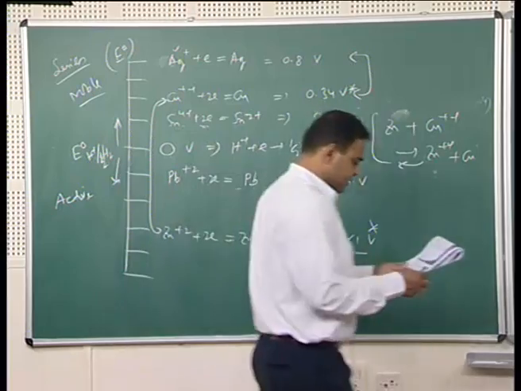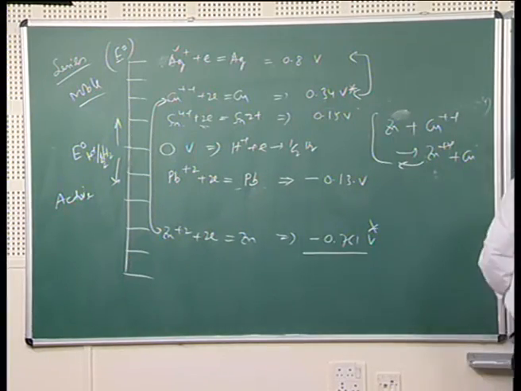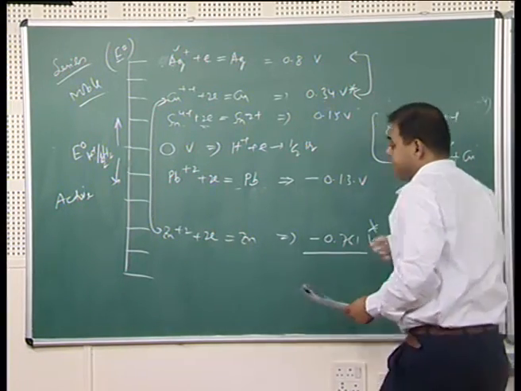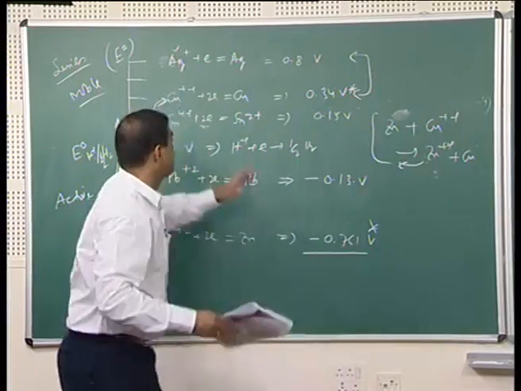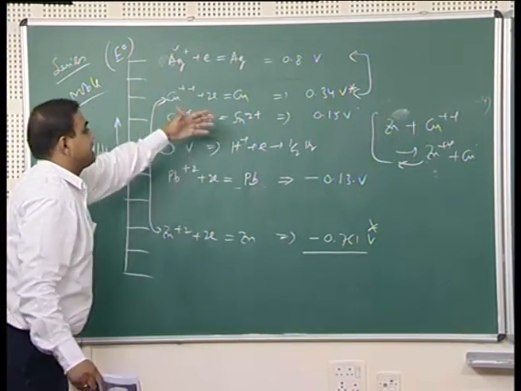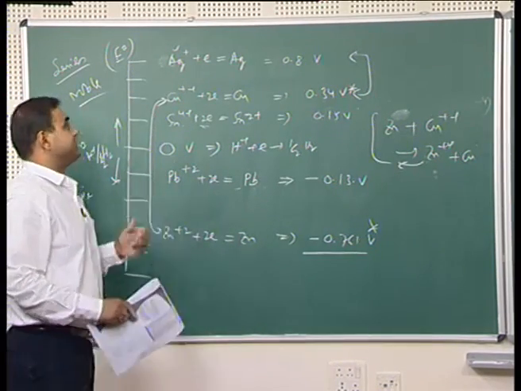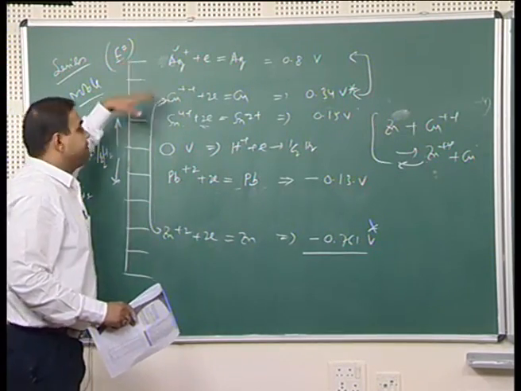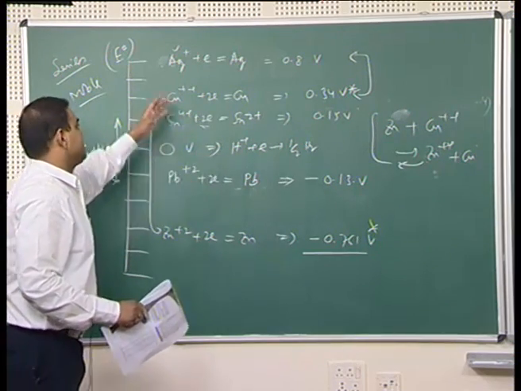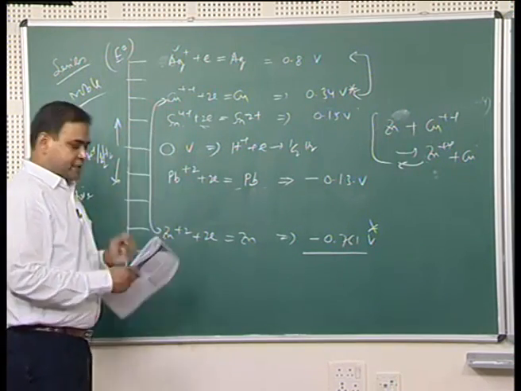Now, another case: this is always the standard state. If we have a non-standard condition, we cannot predict what the reaction would be. Standard state means it is always considered at 25 degrees Celsius and unit activity. If the temperature is different, then we cannot predict which way it should go.